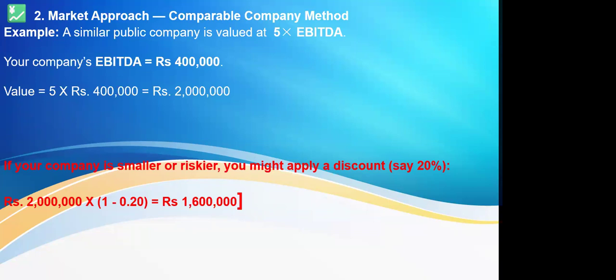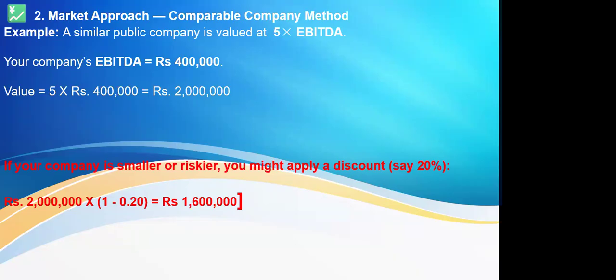Just apply it. This is very simple. Earnings before interest, tax, depreciation and amortization is jargon. What you should understand is that this is the profit, the earnings of your company. So a similar public company is valued at five times the EBITDA.